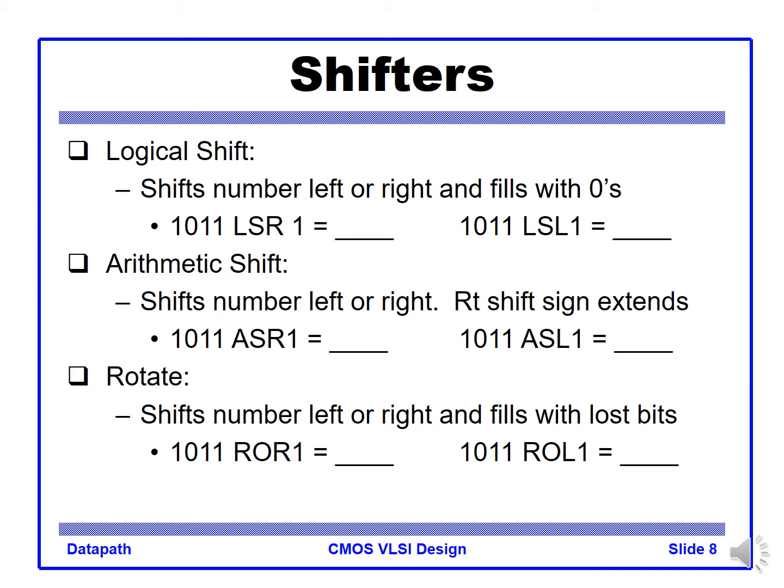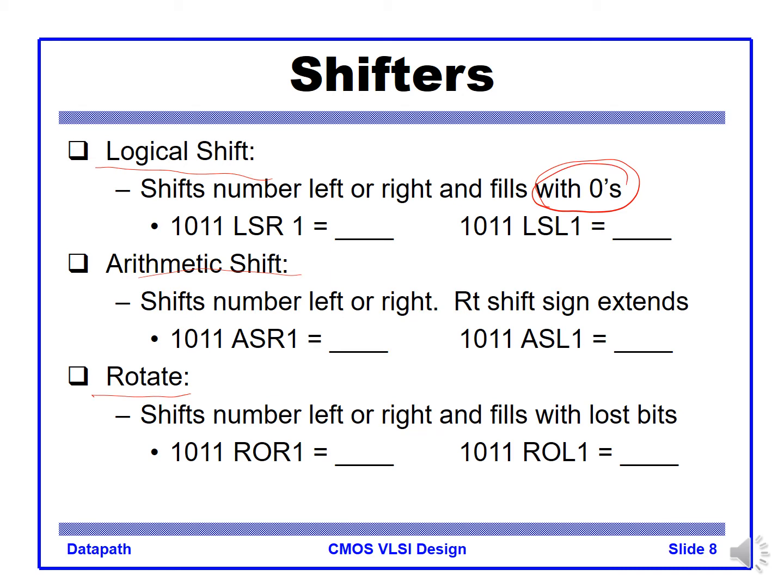Shifters are a very widely used building block for logic operations. We have 3 different examples of shifter logic: one is logical shift, and the others are arithmetic shift and rotate. The logical shift shifts the number to the left, filling in with 0.